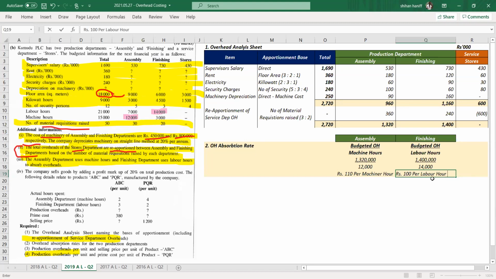For 1 machine hour, it's 110. For 1 labor hour, it's 100.